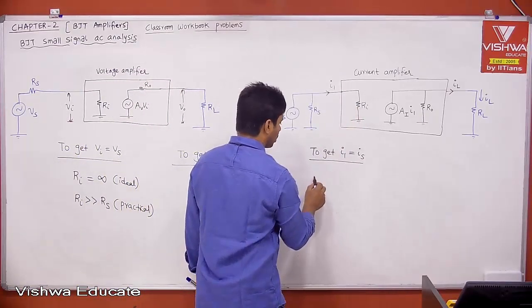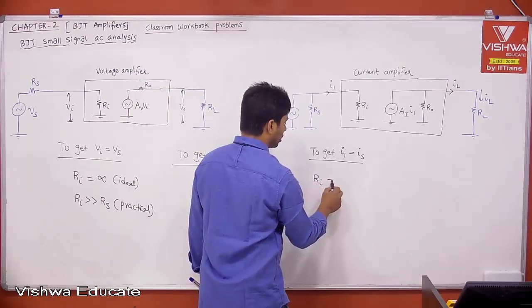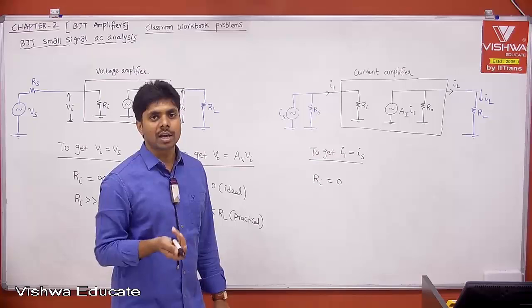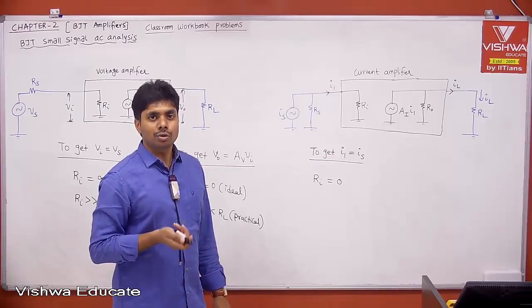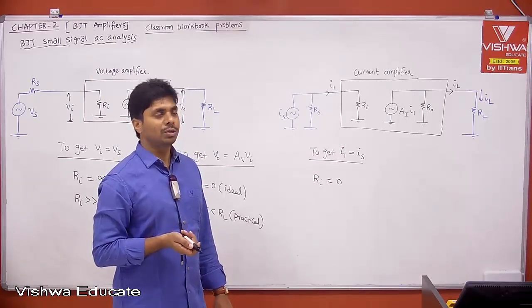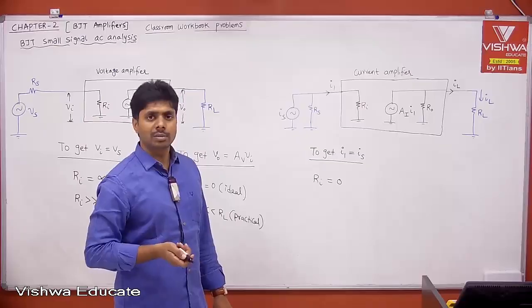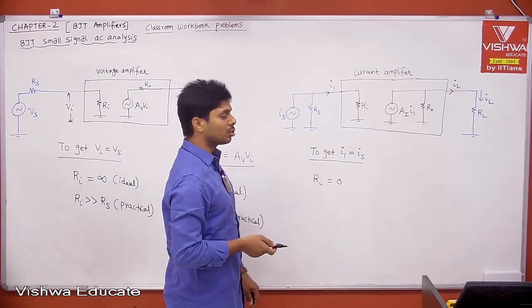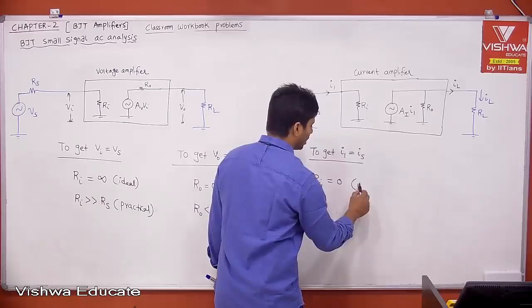Ri should be 0. I am speaking with respect to the amplifier only, because you are designing the amplifier. Therefore, you should know the specifications to meet current amplifier impedance matching. Here, Ri should be 0, and this is the ideal scenario.